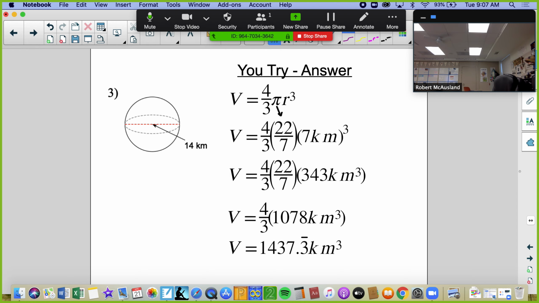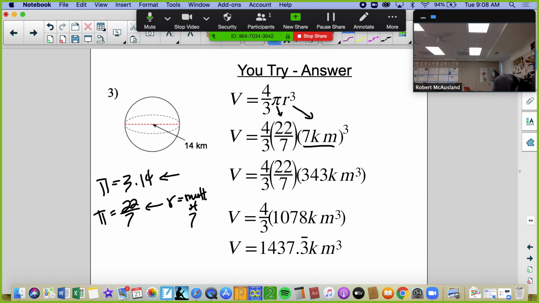And I said most of the time, 99% of the time, you're going to use 3.14. The one time that you would use 22/7 is when your radius is a multiple of 7. The reason being is that denominator will cancel with the radius numerator. So we notice that our radius is a multiple of 7, so it actually benefits me to do this.